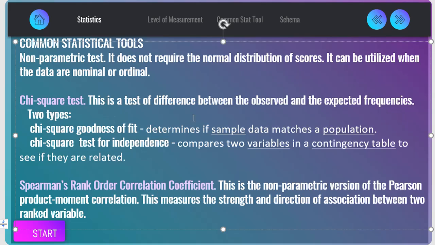And the second type is chi-square test for independence. So it compares two variables in a contingency table to see if they are related. The chi-square statistic is commonly used for testing relationships between categorical variables. The null hypothesis for the chi-square test is that no relationship exists between the categorical variables in the population.